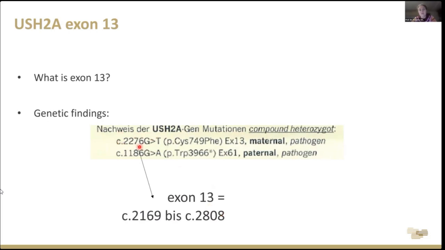For example, the very common c.2276, or also others. It's of course enough when either the maternal or paternal inherited mutation is in exon 13. It is not necessary that both of them must be exon 13. So for these patients, I hope we might have some help in an experimental treatment soon.